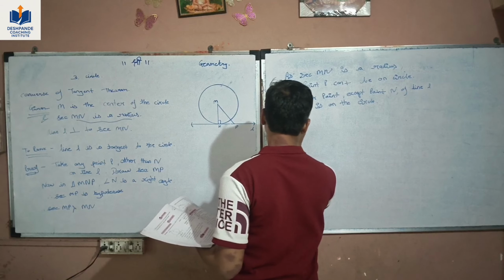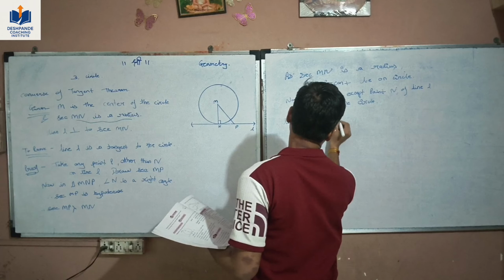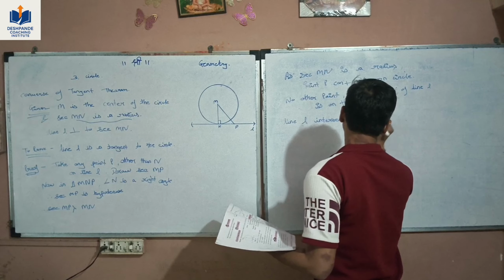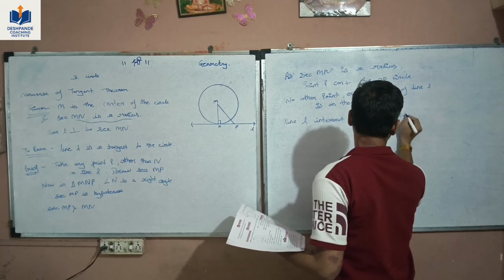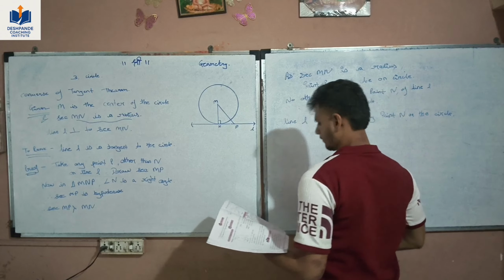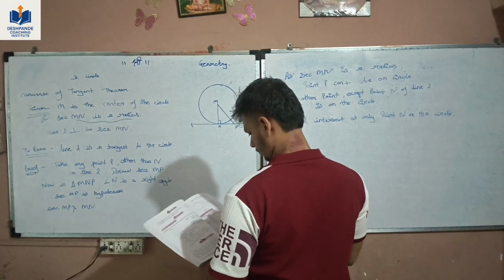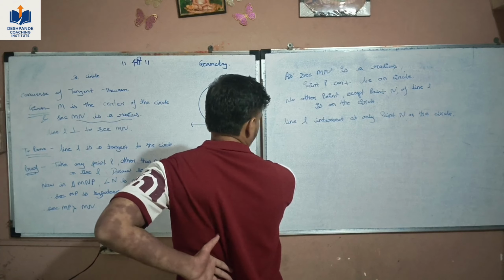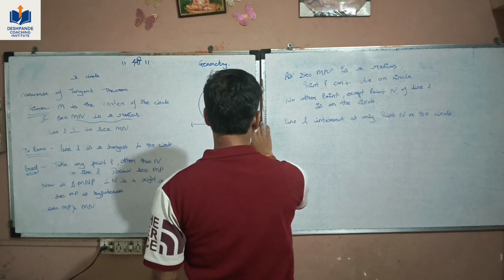Line L intersects the circle at only point N. So we have proved that line L intersects the circle only at point N, and the point P is not on the circle; it is other than a circle point.